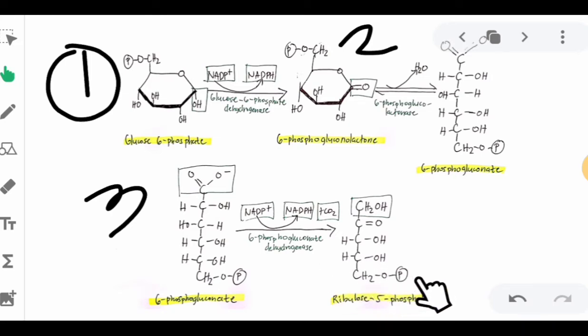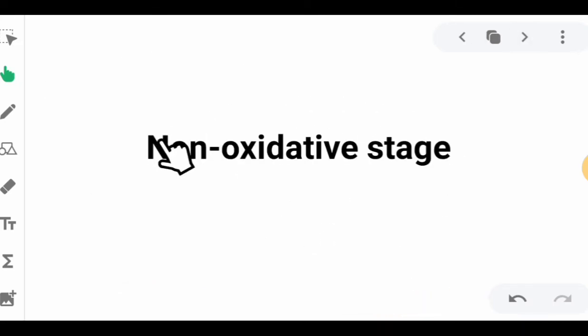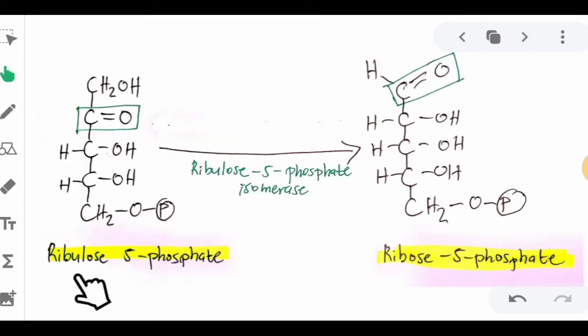This ribulose 5-phosphate will now proceed to the non-oxidative stage. The ribulose 5-phosphate will be isomerized with the help of the enzyme ribulose 5-phosphate isomerase. So this one will be isomerized in this way, and now you have ribose 5-phosphate.